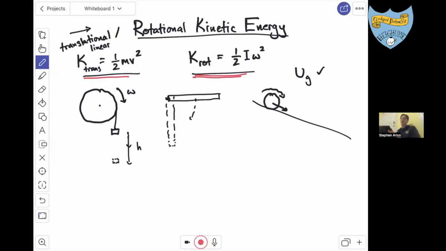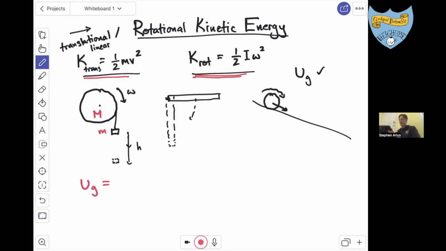For the pulley problem, you start with gravitational potential energy. Which of the two objects, the pulley or the little weight, initially has gravitational potential energy? The weight. So we would say it starts with gravitational potential energy, and it's the weight that has it.